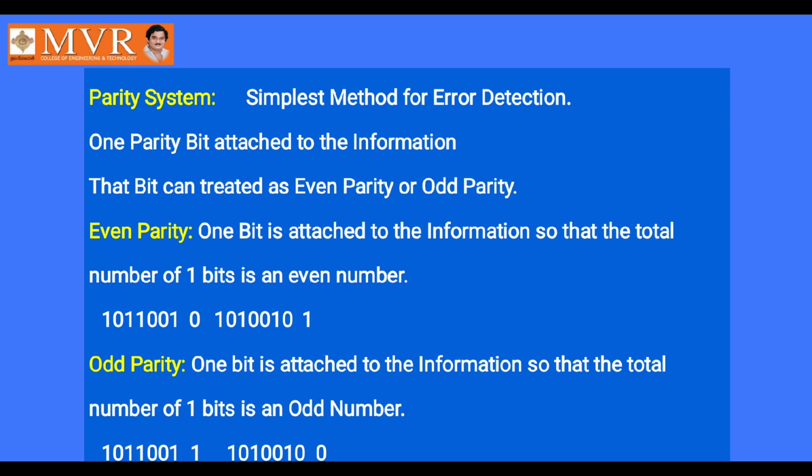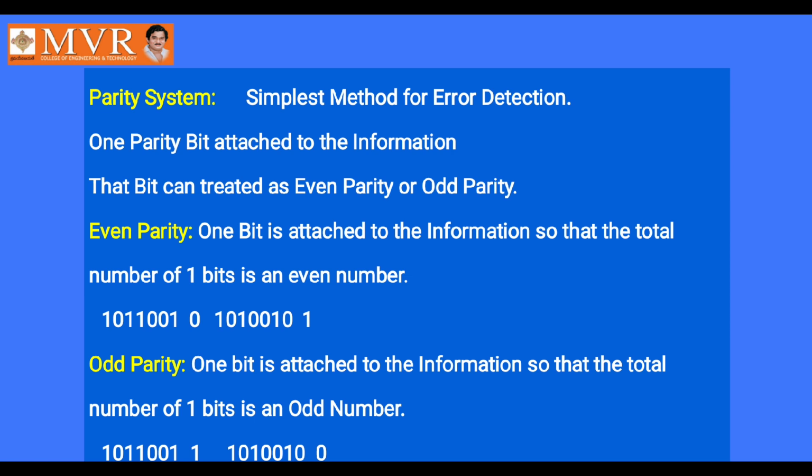You know very well, we are following a standard code, that is ASCII code, in the present computer systems. So as per that, the original input given here in the example is 1011001. Now we have to add one more extra bit, which is to be considered as an even parity bit.